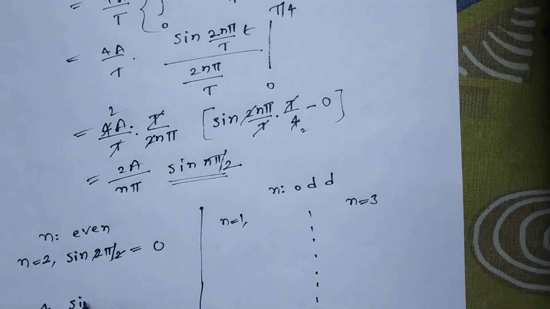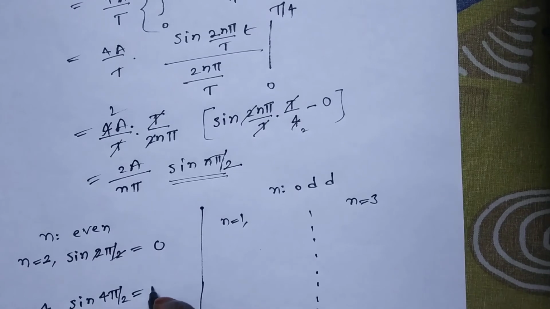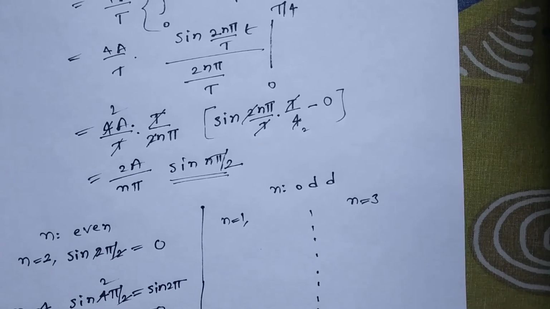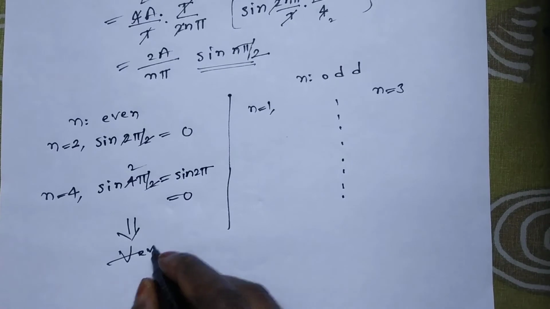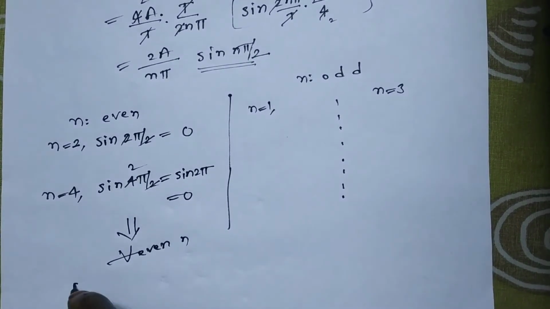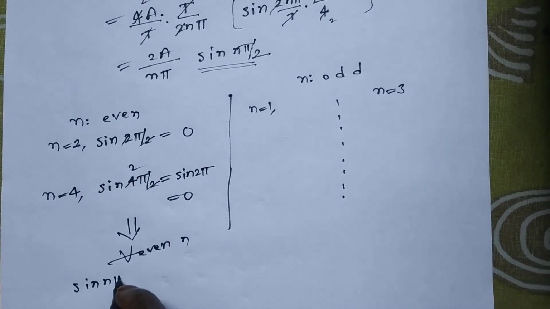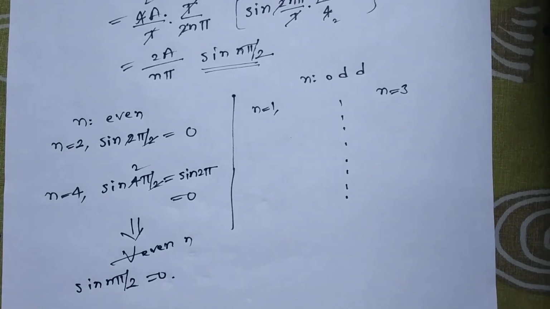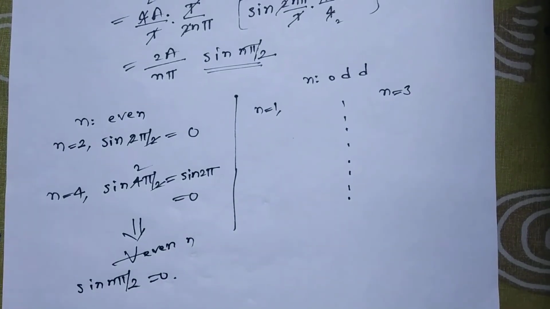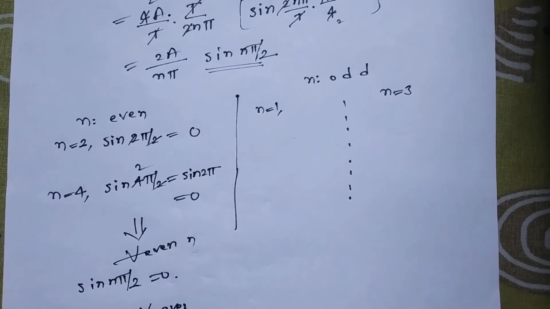Then sin 4 pi by 2, which is sin 2 pi, sin 360 degrees, again 0. So I can confirm for all even values of n, sin n pi by 2 will give us 0. For that case, An is equal to 0 for all even n.